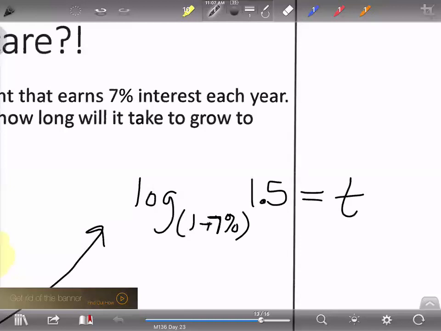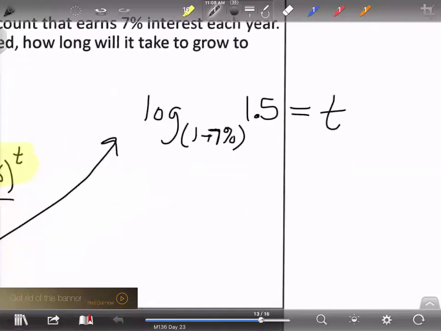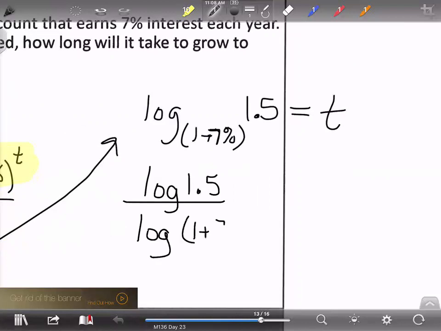Now we have t by itself, which is what we're trying to solve for, but unfortunately we cannot type the left-hand side into our calculator the way that it's written. We've got to use the change of base formula to separate this into two logs with division. So in my calculator, I'm going to take log of 1.5 and divide it by log of 1 plus 7%.